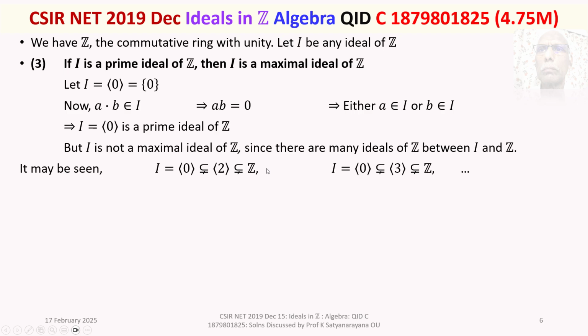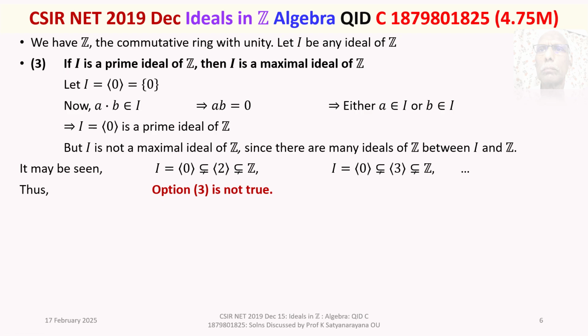So, 0 is not maximal. Also here, 0 is strictly contained in the ideal generated by 3, which is strictly contained in Z, and so on and so forth. There are many ideals like this. Therefore, our 0 ideal is a prime ideal but not a maximal ideal. So option 3 is not true.